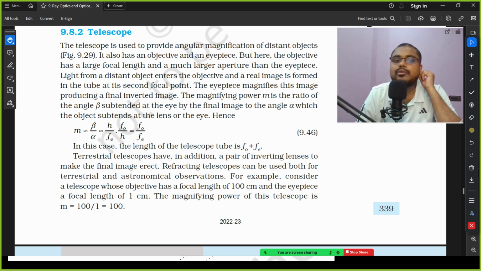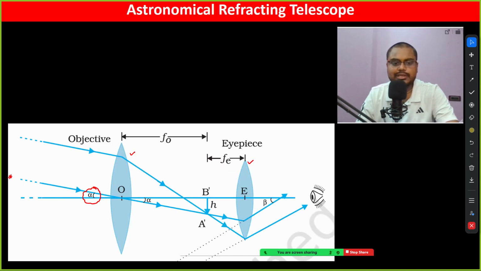Okay, why does it have a much larger aperture? This lens has a bigger diameter and aperture because the light rays are coming from far off, and therefore to have a good intensity of light, we have to collect as many rays as possible. Therefore the diameter is more.